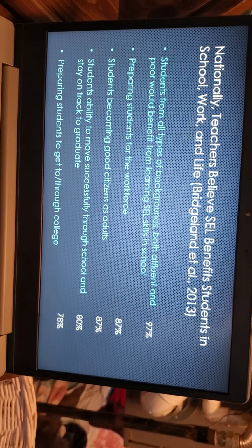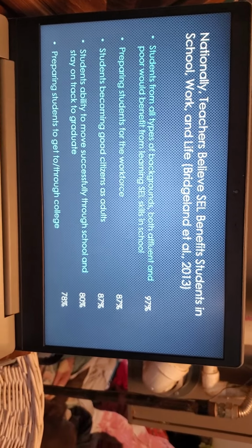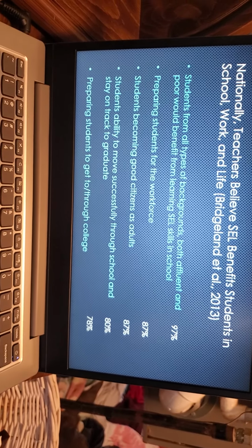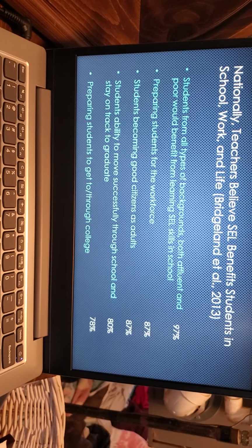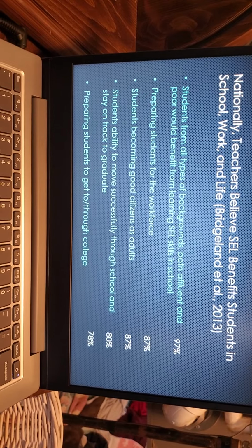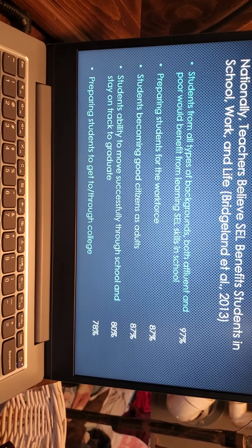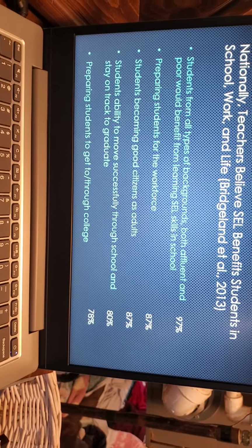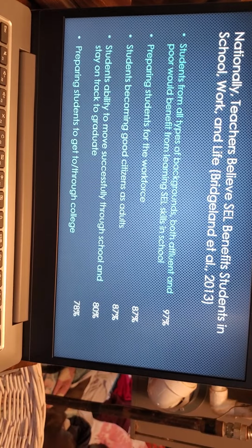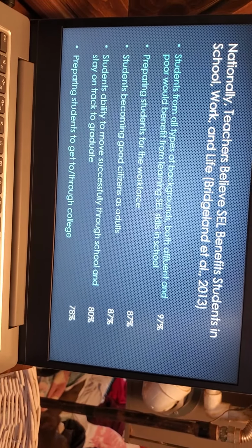This is just a little bit of information that I found based on the studies of how teachers think that the social and emotional learning programs have benefited and helped in their schools. I'm not going to read through all that, but you could just see that everything is 78% and above.